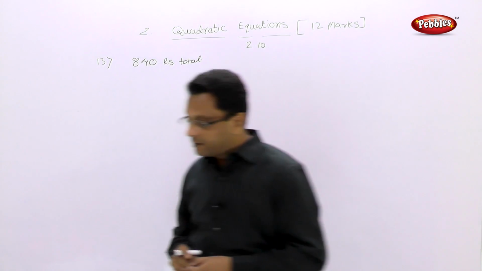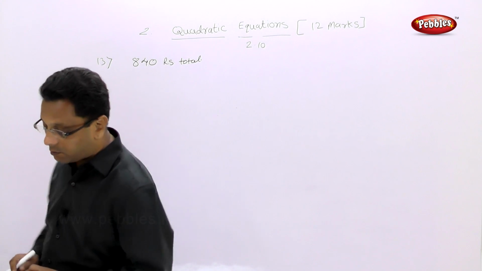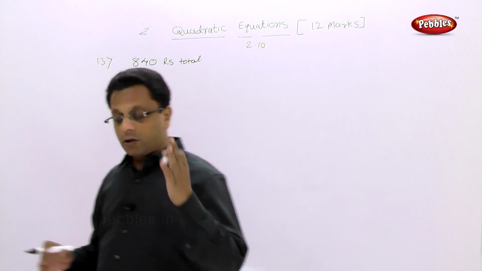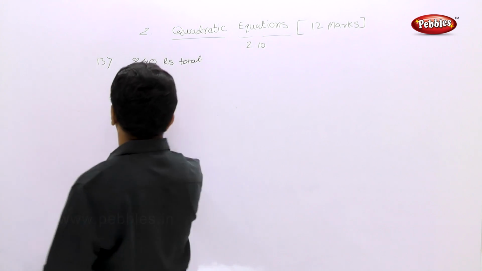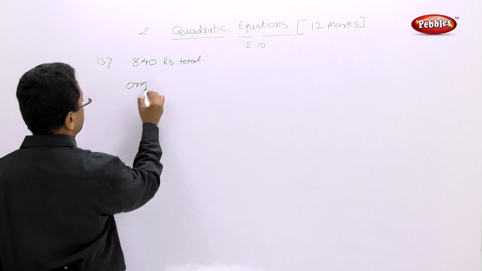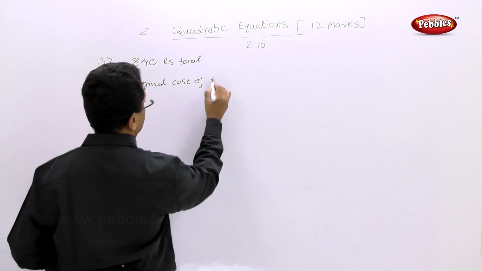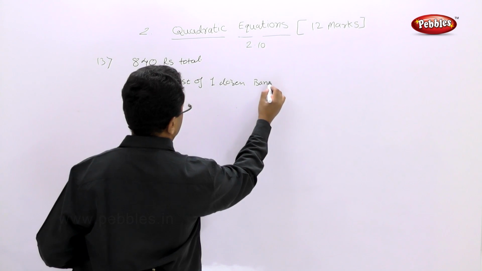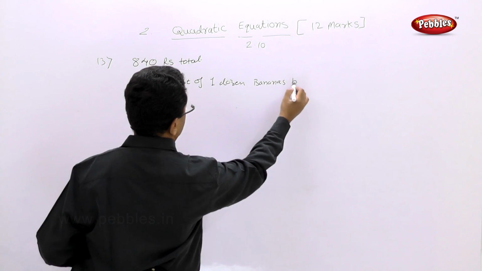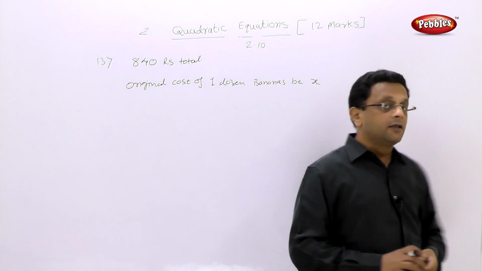Now let us say that we have to find the original cost of 1 dozen bananas. Let the original cost of 1 dozen banana be x. This is the cost, x is the 1 dozen banana.